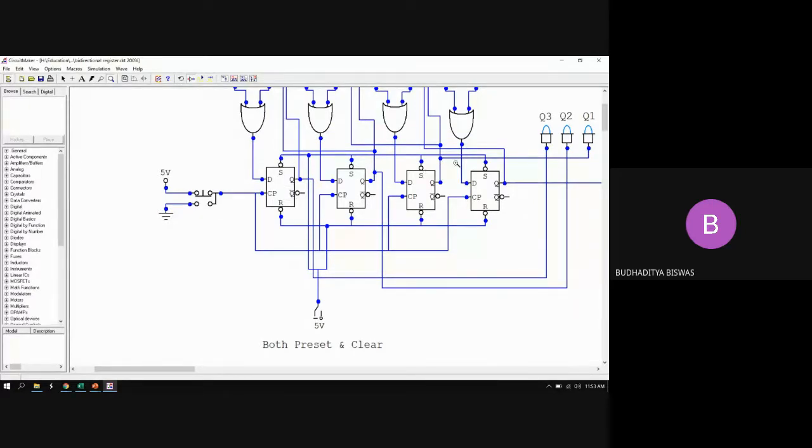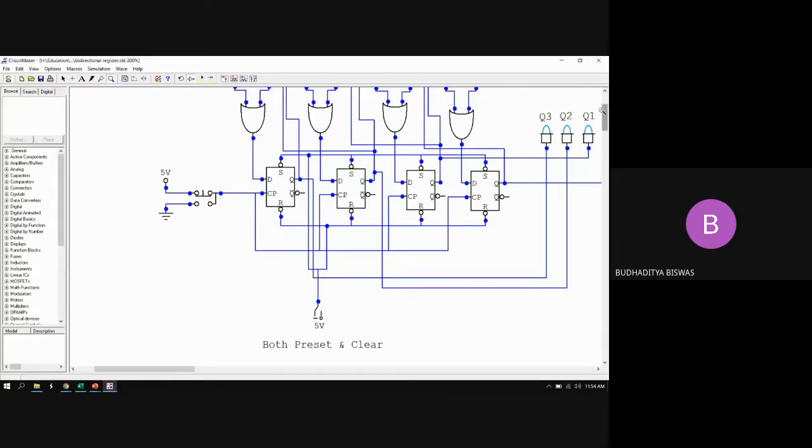All the flip-flop presets are short circuited together, clear is also short circuited together, and they are connected to a toggle switch, and this toggle switch must be connected to 1 during normal operation. Because we don't require to preset and clear this circuit, I did not connect it to a separate switch. Both are short circuited together, and during normal operation we need to connect it to 1. That's why they are connected to 1 permanently.